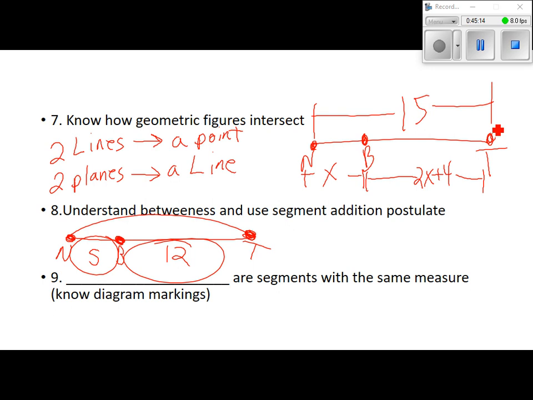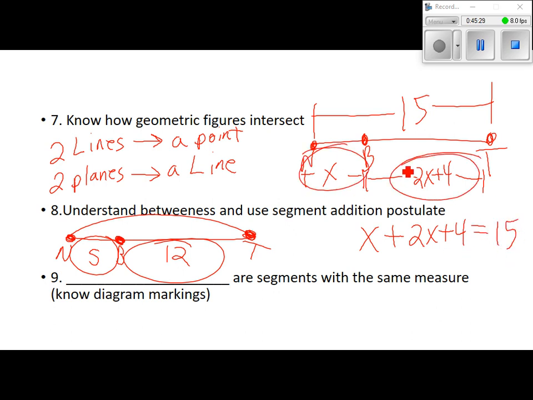How'd we do those? Go ahead, Cooper. Then you do x plus 2x plus 4, and then equals 15. So this plus this equals the whole thing.